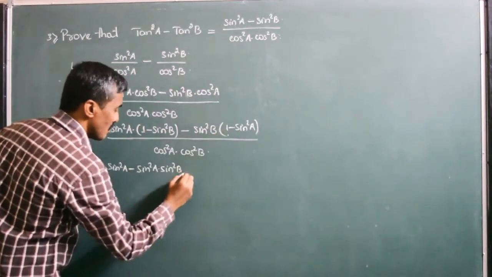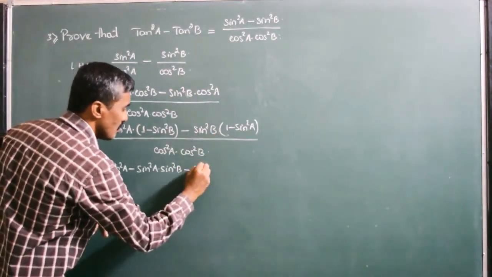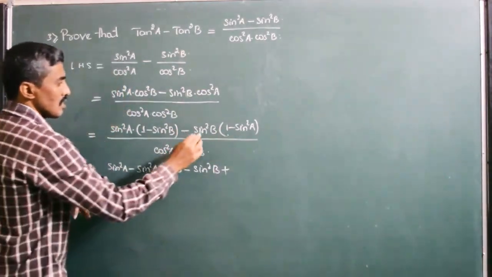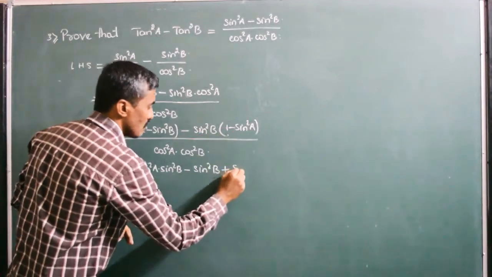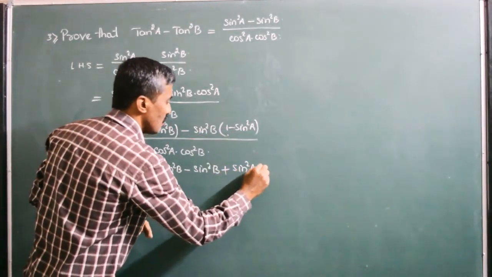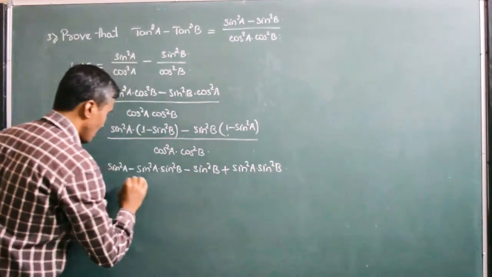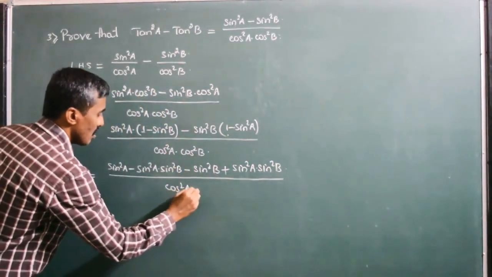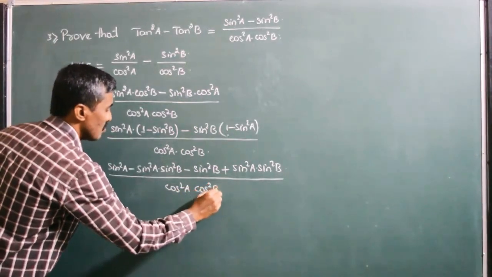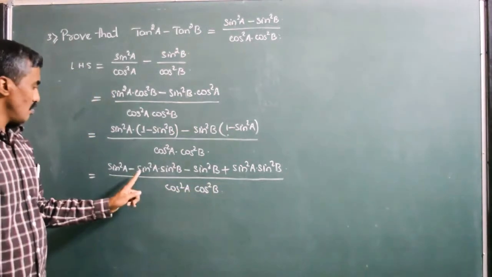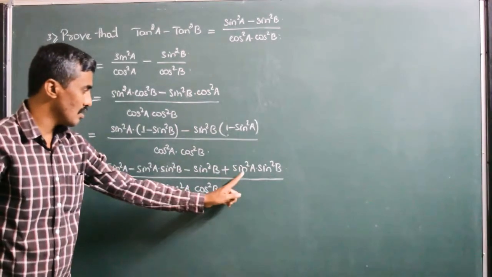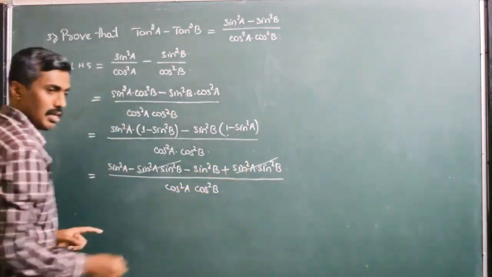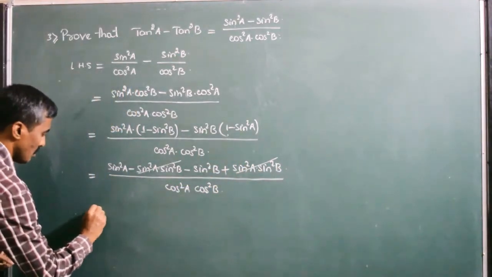Minus into plus, minus sin square B into 1, so minus sin square B, and minus into minus, plus sin square B into sin square A, that is sin square A into sin square B, whole divided by cos square A into cos square B. Here the second term is minus sin square A into sin square B and the fourth term is plus sin square A into sin square B. Same term with unlike signs, so we can cancel it.